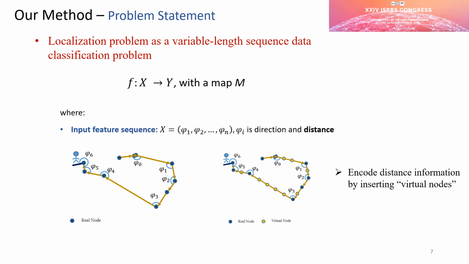Here, we first identify nodes with significant orientation change, and then insert virtual nodes between two nodes, which introduces additional 180-degree turning angles. You can see the left side is the original angle sequence, and the right side is the new augmented angle sequence with additional distance information.